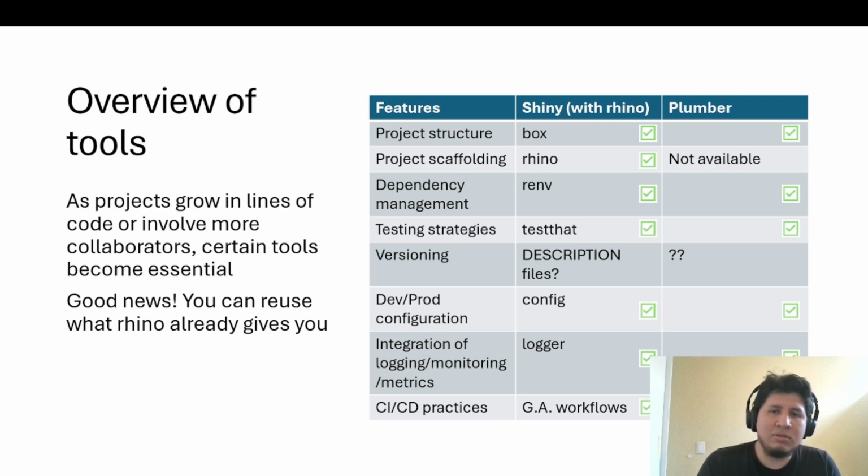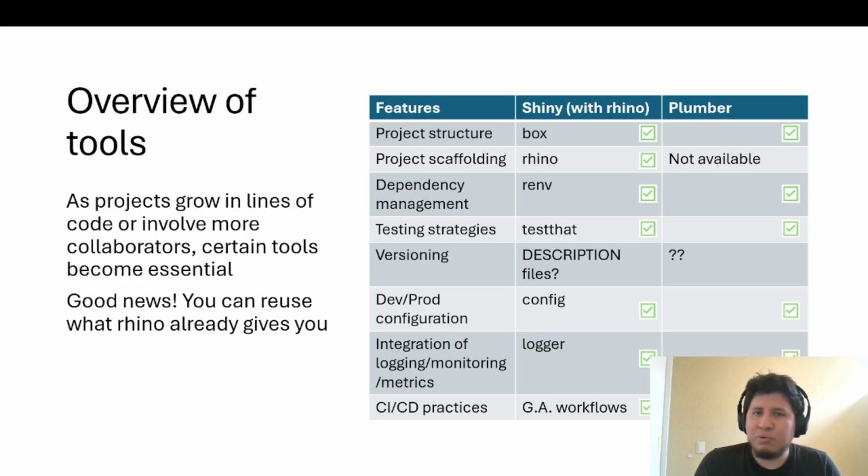So with Golem, you will get everything you already had for package development. That is pretty useful. I will focus on Rhino because it's not as widely known, or maybe as widely leveraged, as Golem, right?